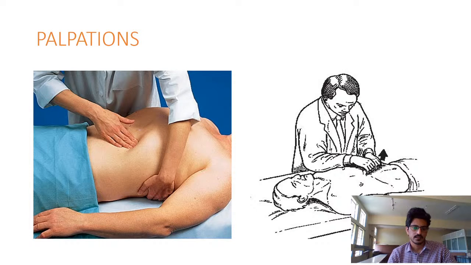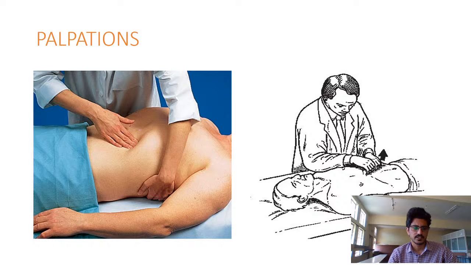You support the posterior left costal surface with your left hand and ask the patient to take deep breaths, and you go on palpating from the right iliac fossa across the umbilicus to the left hypochondrium to check whether there is any enlarged spleen, because the spleen grows towards the right iliac fossa, so that we can know the enlargement.